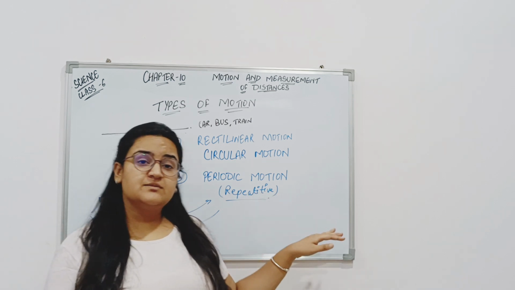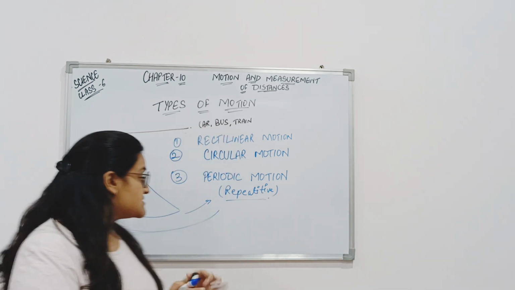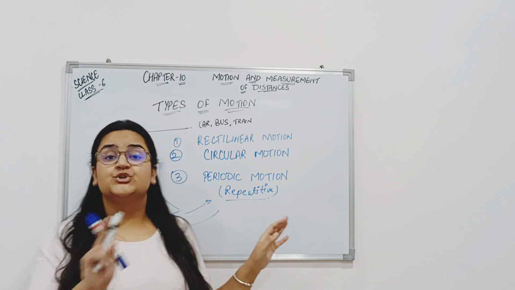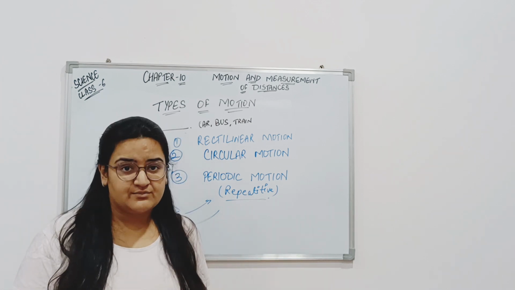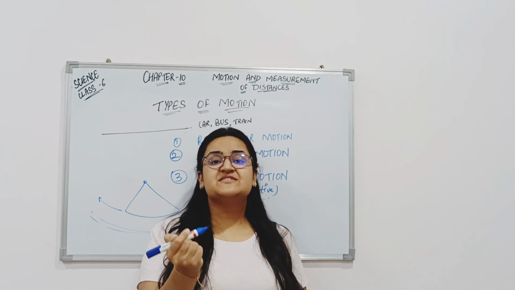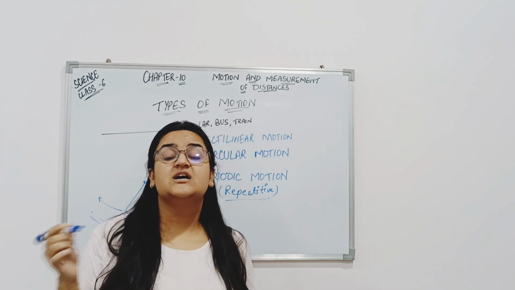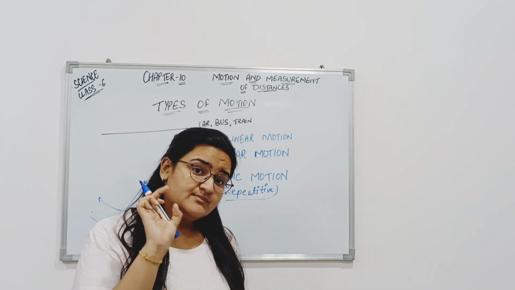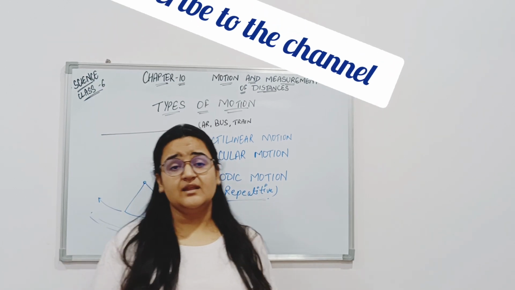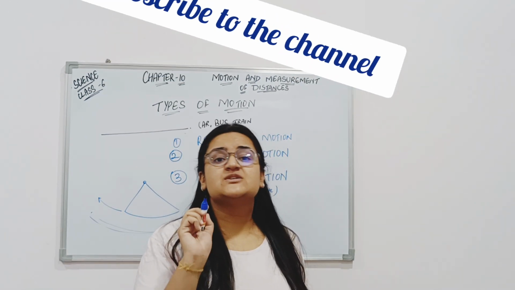Then periodic motion is not just about the pendulum, right and left motion. It is only repetitive motion. For example, you must have seen your mothers or some tailor sewing. Have you seen the movement of the needle in the sewing machine?